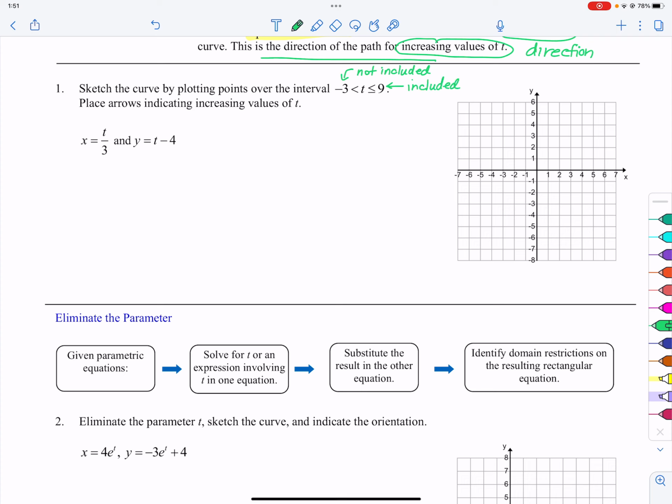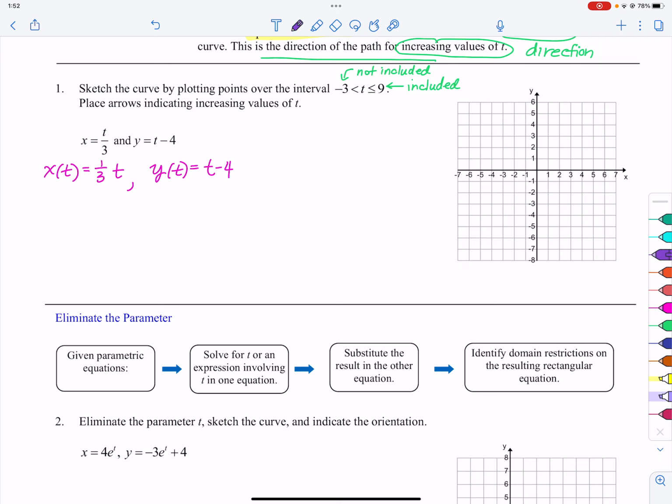Okay, so we have x equals t over 3 and y equals t minus 4. You can see that x is a function of t, that's 1/3 t, and y is also a function of t, that's t minus 4. So x and y are functions of t.